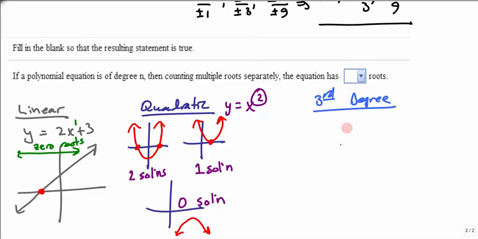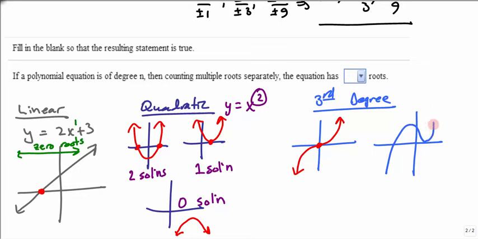So for a third degree polynomial, I could have the example where I touch once, and I can't think of an example where you would touch 0 times with a third degree polynomial. I can think of an example where we would touch twice, so I would cross and then I would touch and turn.